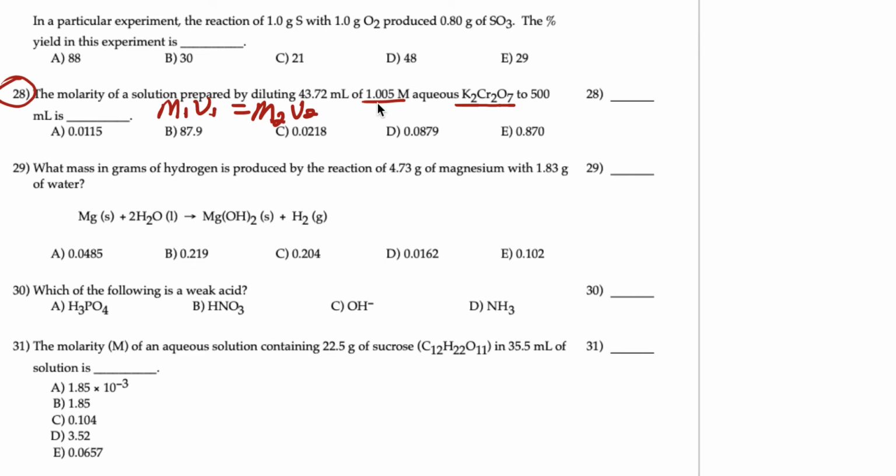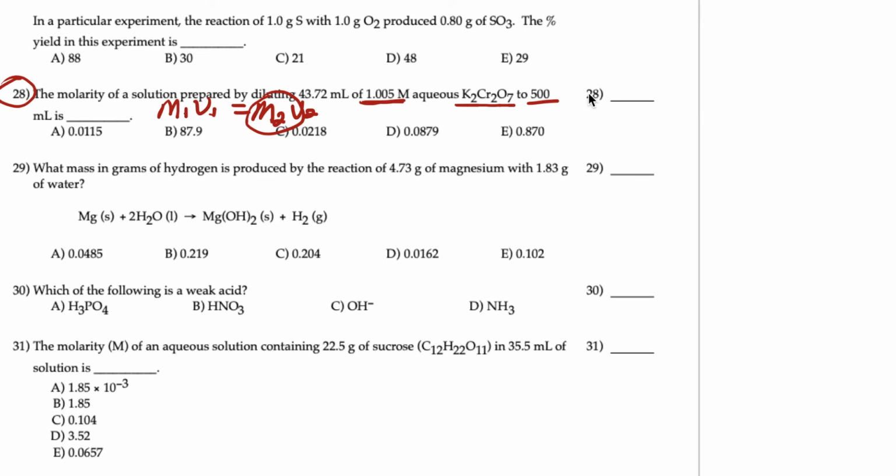So our more concentrated solution, the M1, is 1.005 molar, and we're going to use 43.72 milliliters of the 1.005 molar solution and dilute that to 500 milliliters. So we need to know the M2.